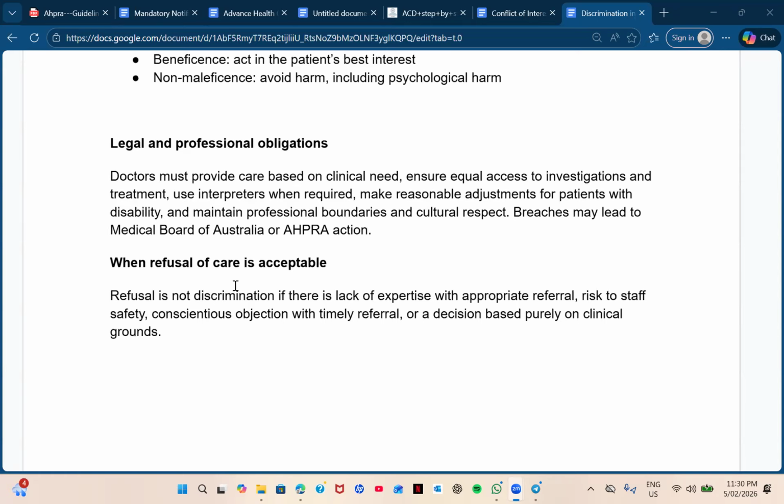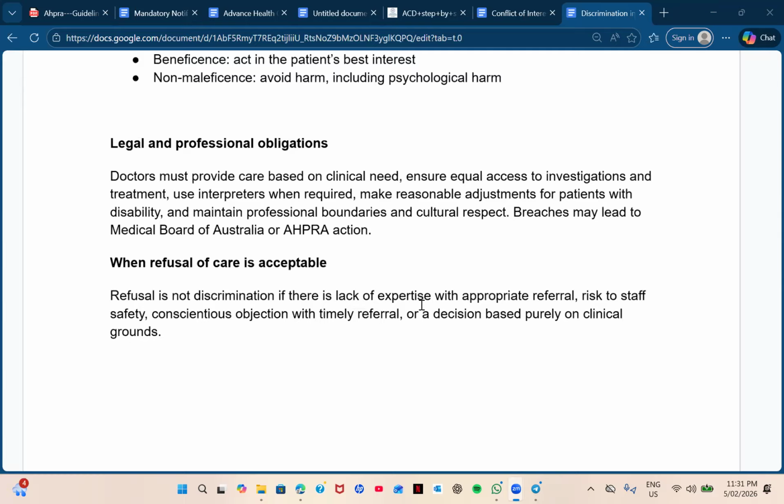When is refusal of care acceptable? Refusal is not discrimination if there is a lack of expertise with appropriate referral, or risk to staff safety. So, give me an example of refusal of care. Okay, if some doctors are not interested in doing abortions, right?